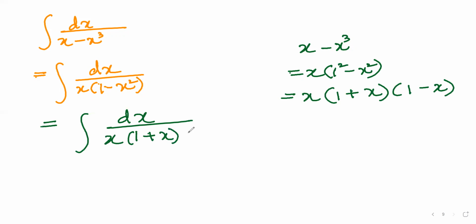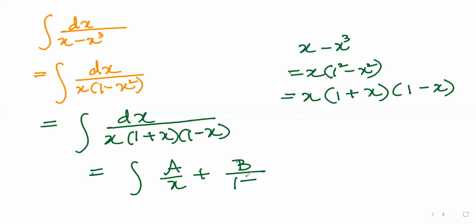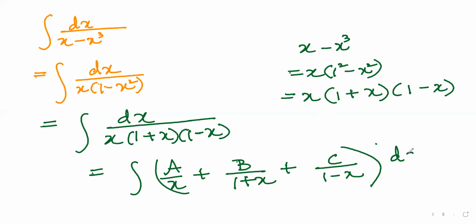Now I am going to apply knowledge of partial fractions, so that I'm able to rewrite this in a form which is familiar to me as a upon x plus b upon 1 plus x plus c upon 1 minus x, and this entire thing is integrated with respect to x.